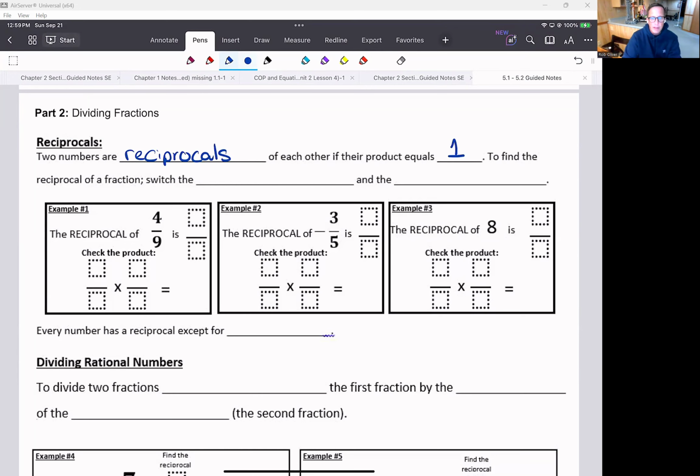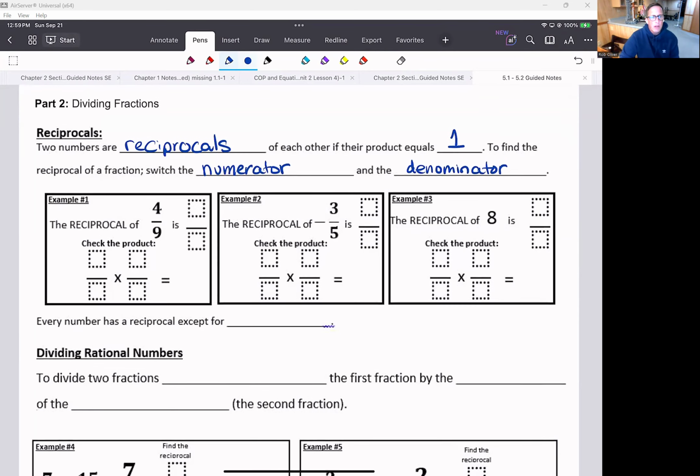That means when you multiply them, the answer is 1. To find the reciprocal of a fraction, switch the numerator and the denominator. The numerator becomes the denominator and the denominator becomes the numerator. You just flip it.